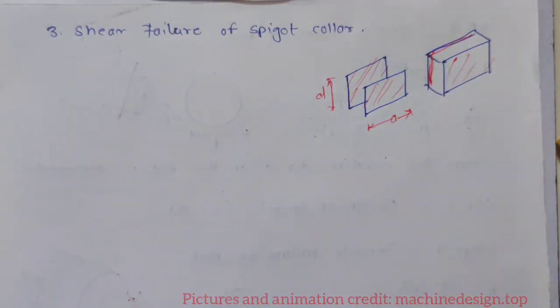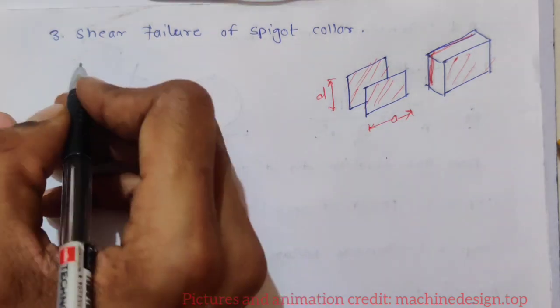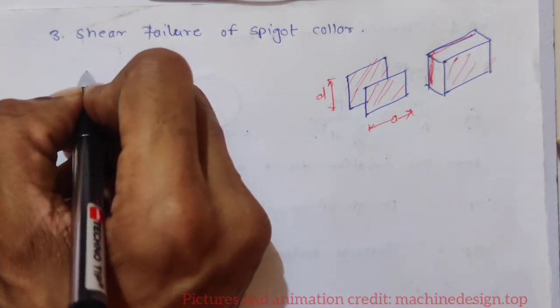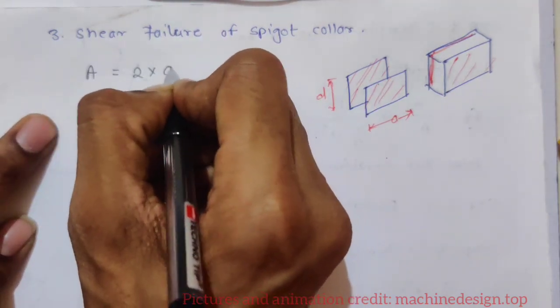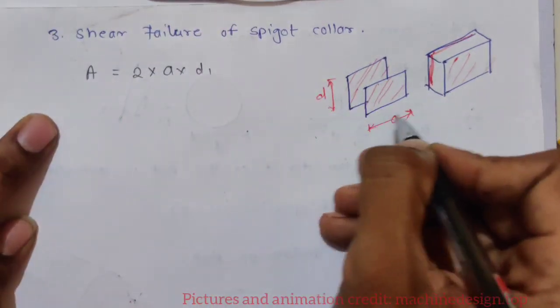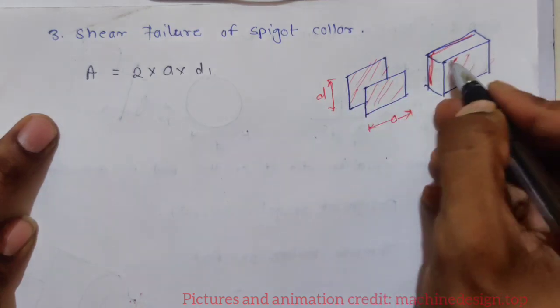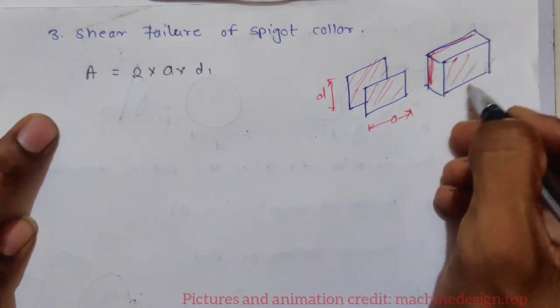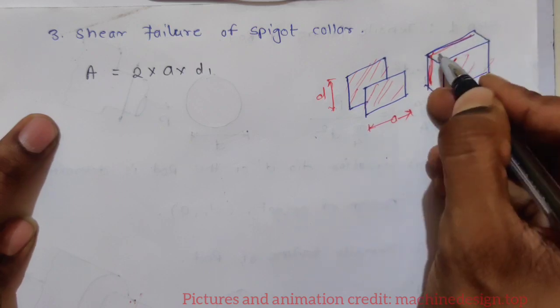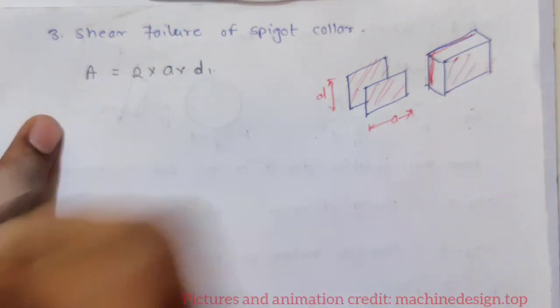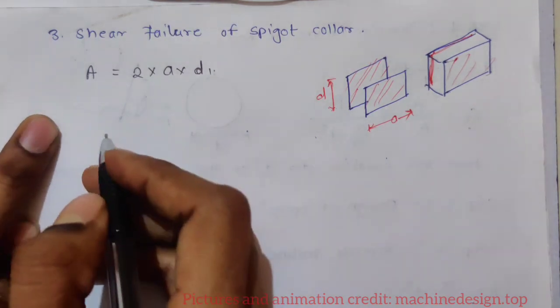So what is the area over here? Area will be 2 into A into D1. A into D1 is one rectangle, this is the second rectangle. This is A, this is D1. So A D1 is the area of the first rectangle. We are having 2, that's why 2 into A into D1. Now it is shear stress.